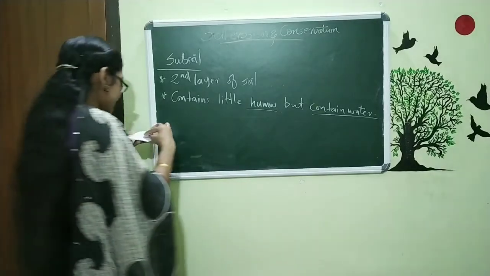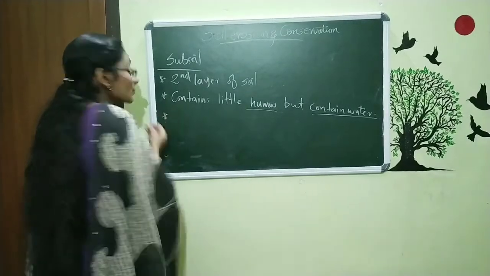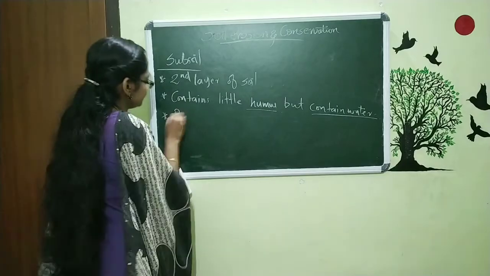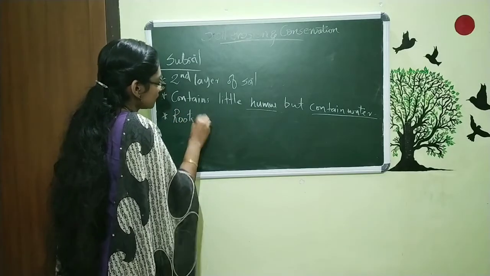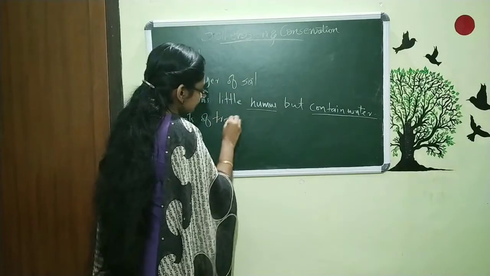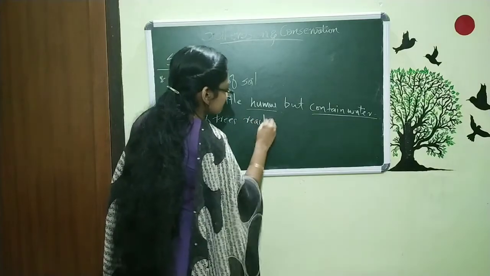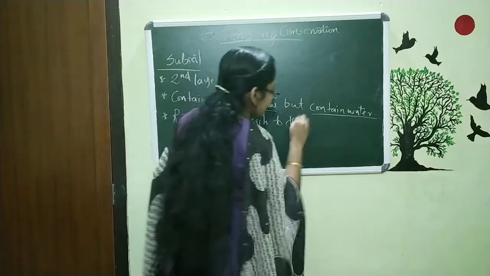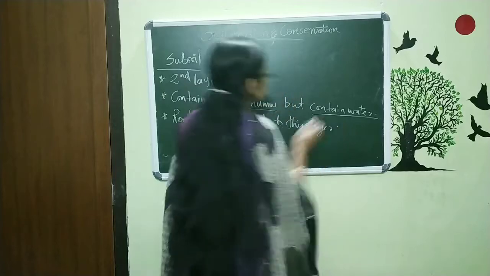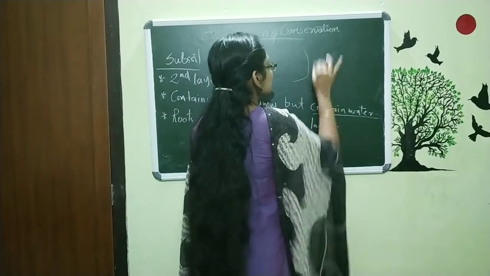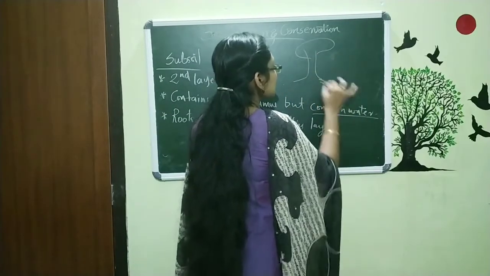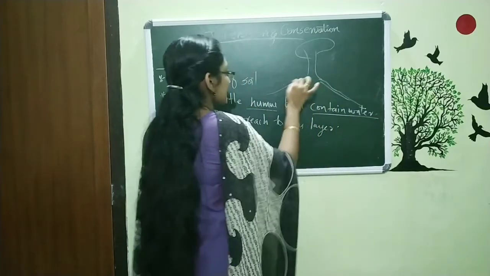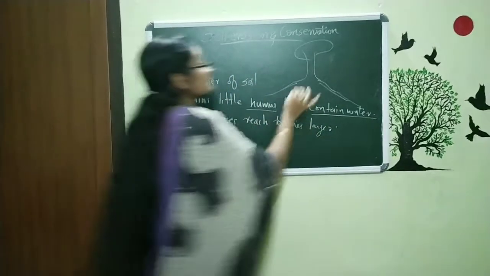And the next point is that roots of the trees reach to this layer. You can see for the trees, the roots are very deep. Where will those roots reach?